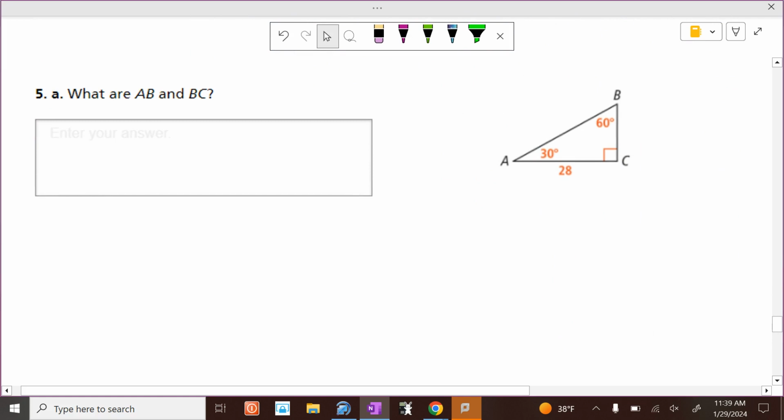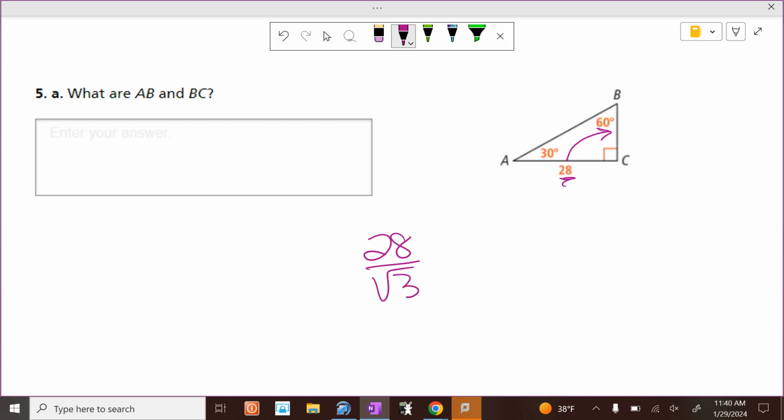All right, this one is a hard one. If they throw something like this at you, people struggle with this because of the numbers involved. They're really not very nice when they give you a 28 there, but we're going to do it in case they do. So, to get from the long leg of a 30, 60, 90 to a short leg, what do we do?